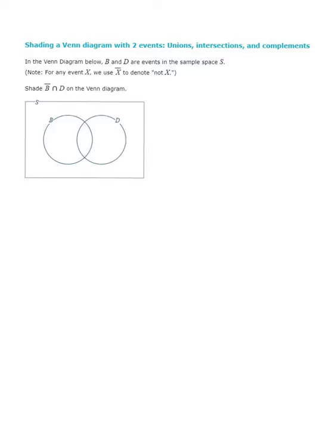So in this one, I want to show the intersection, because it's upside down, the intersection of not B and D. So I know what D is. D is this circle here. Not B is everything outside of the B circle. All right, so I'm going to do the intersection.